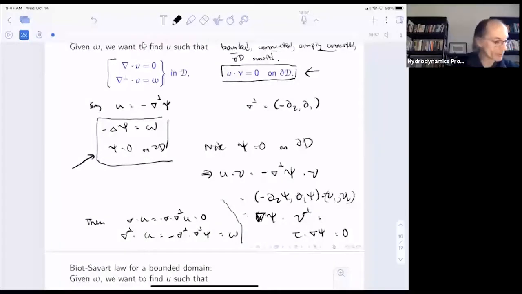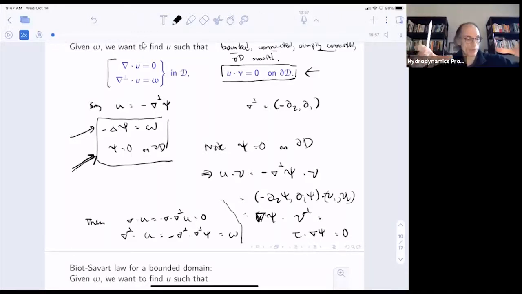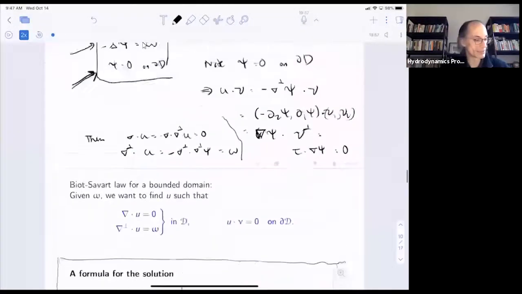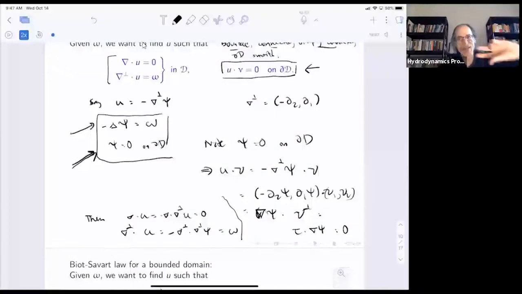I would find a formula for this psi, and I know how to solve this equation on all of R2. What I have to do is modify that solution so that it has the right boundary values on the boundary of the domain. There's a standard way of doing this. I write down a formula for psi, and then I take the orthogonal gradient, and that will give me u.